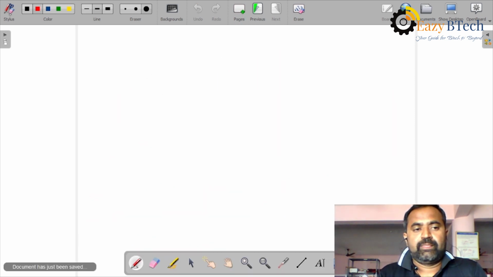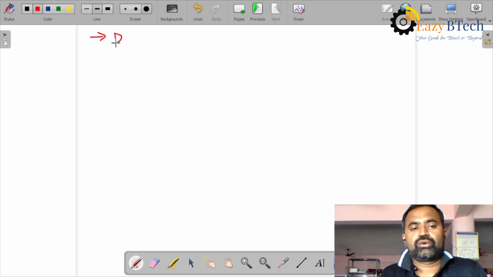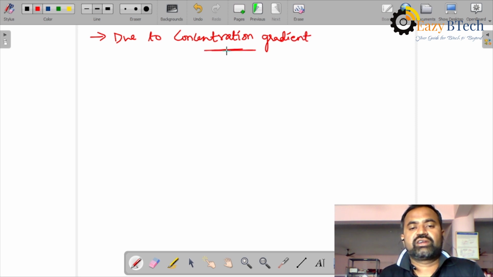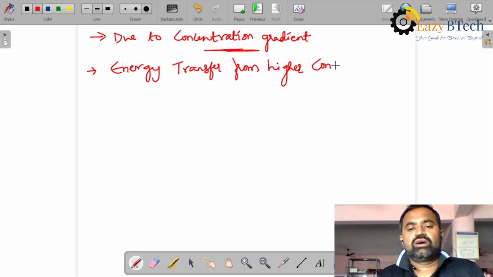Now, due to concentration gradient, energy transfer from higher concentration to lower concentration.